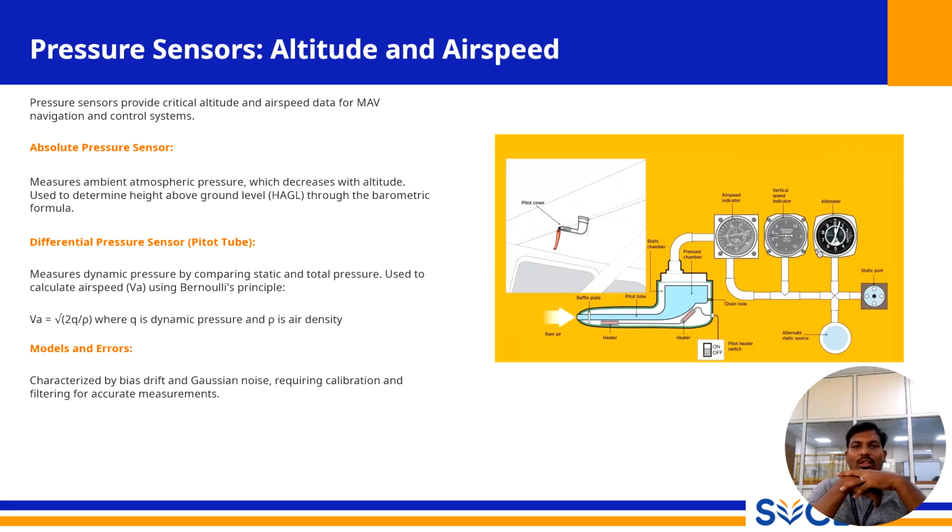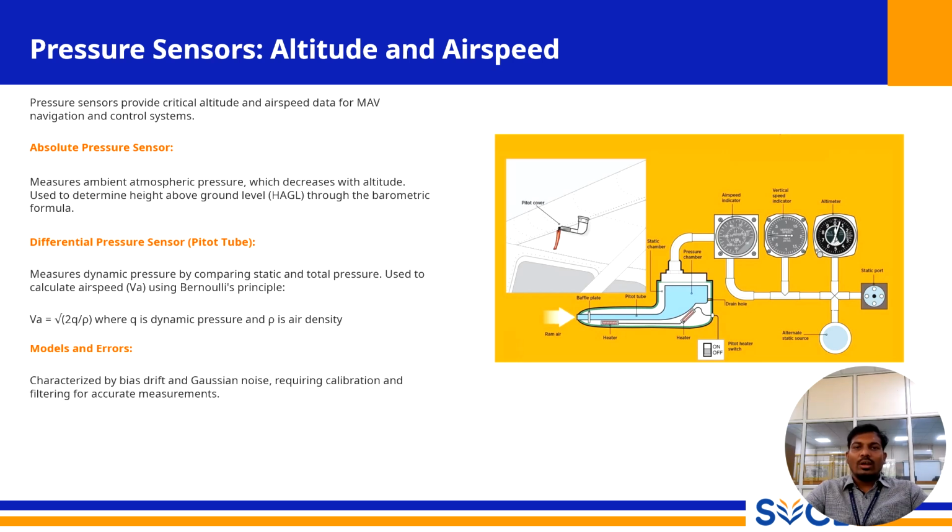As with the other sensors we discussed, pressure sensors have their own sources of error that we must account for in our model. These measurements are characterized by bias drift and Gaussian noise.